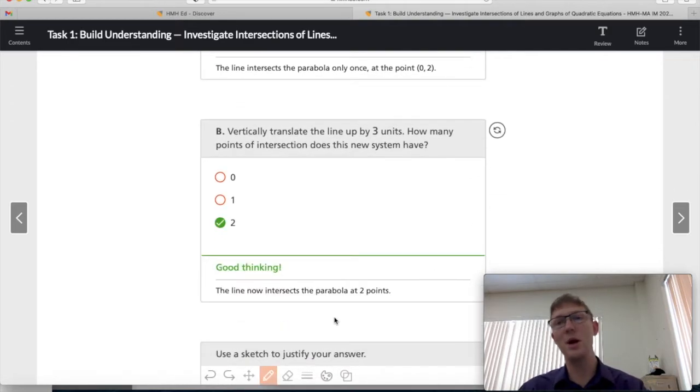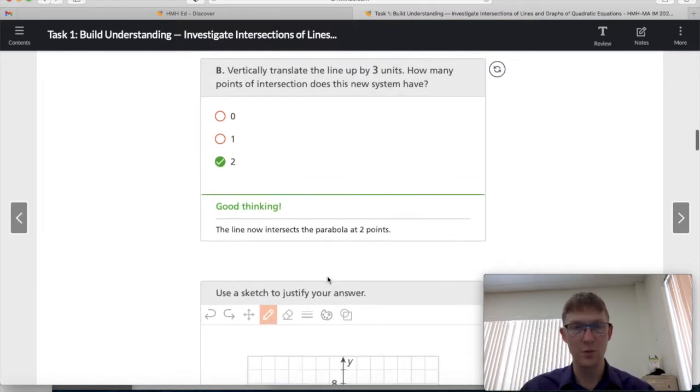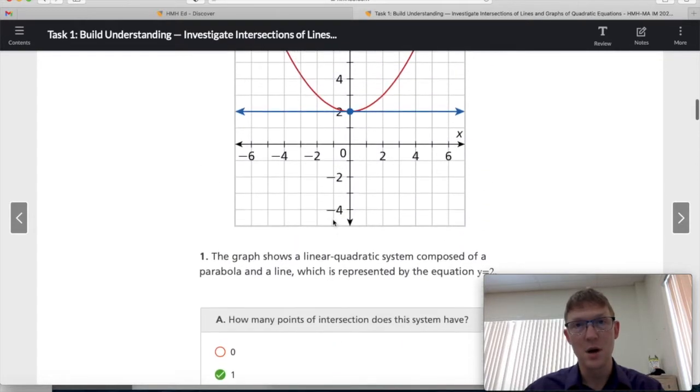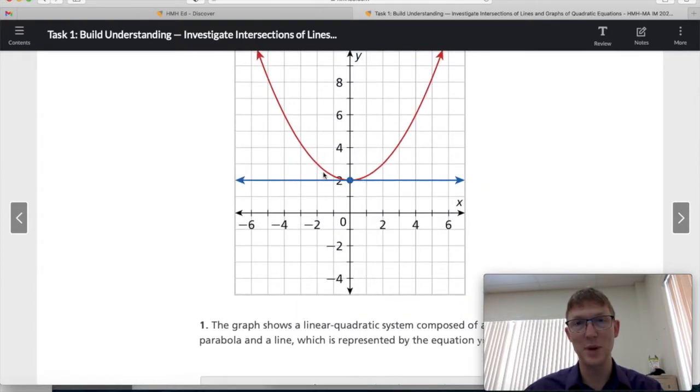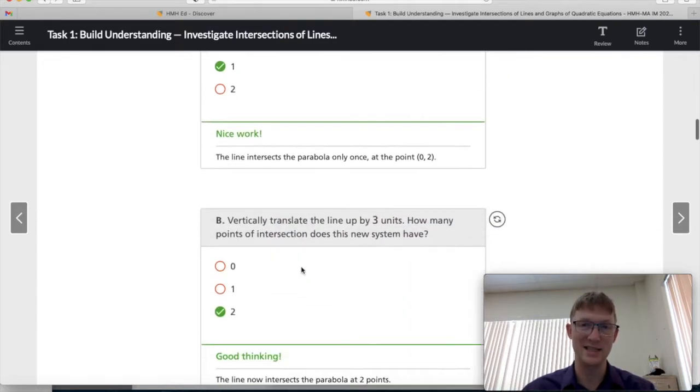So remember, algebraically, this is why we get a plus and a minus anytime we solve our quadratic formulas. By the way, solving quadratic formulas is basically doing the same thing, except we are defaulting to y equals 0, aka the x-axis.